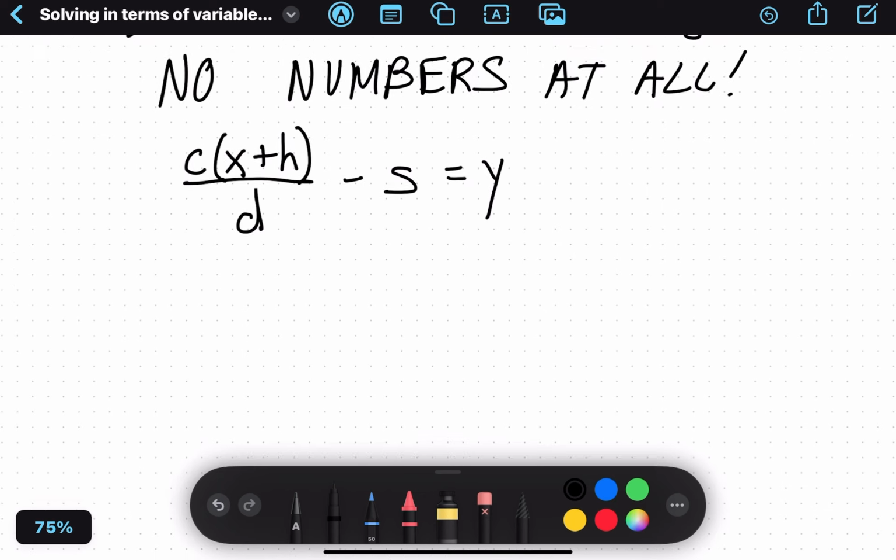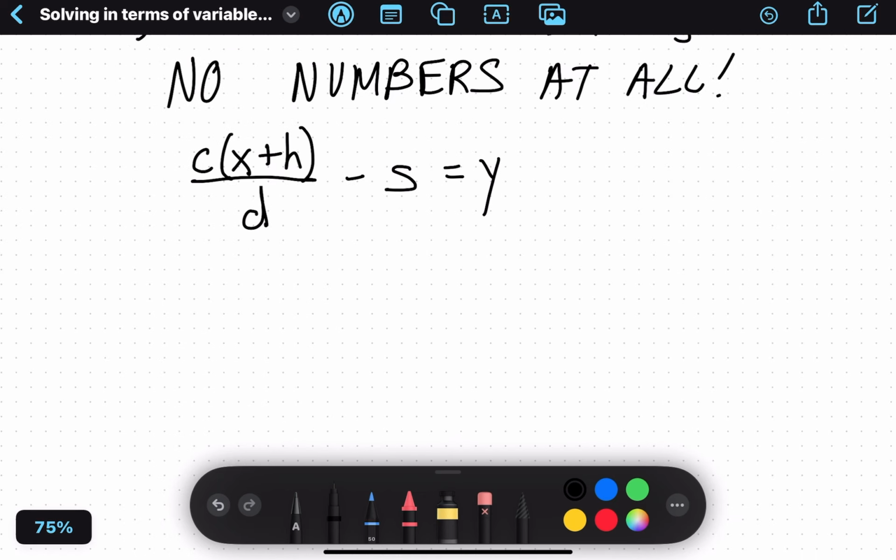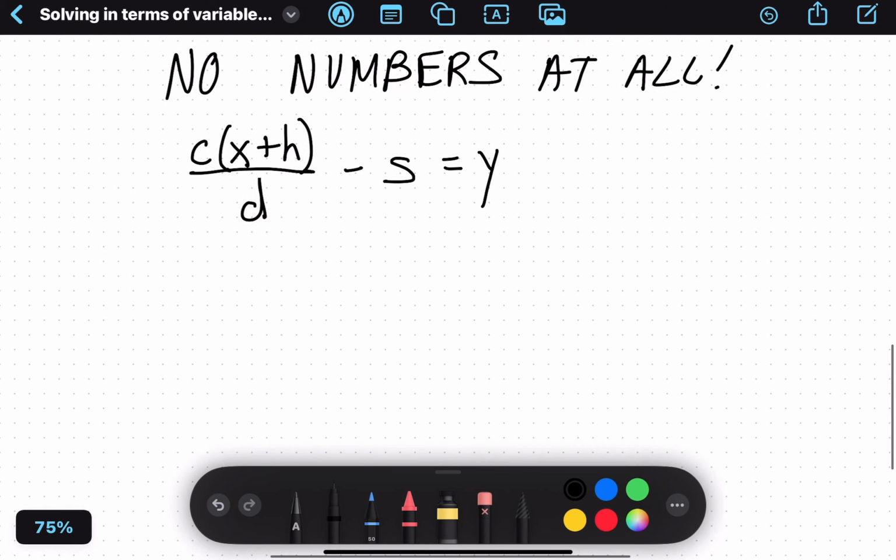It's not that bad. Okay, so what is being done to x? A lot of steps. So first we can see that we are adding h to x because that's right next to x. After that, what's next? We are multiplying by c. And then after that, we are dividing by d.